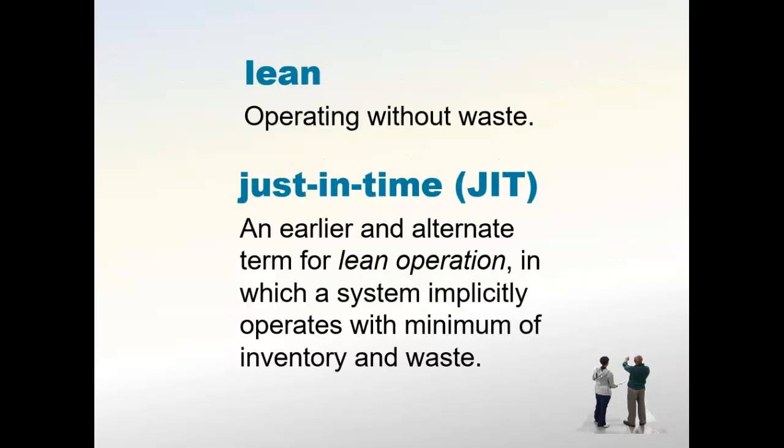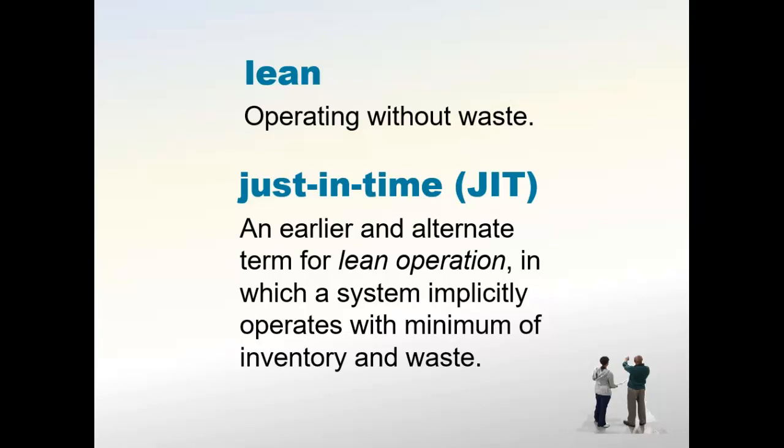An operation is said to be lean if it is operating with minimal waste of any kind. At first, it might seem ironic that an organization would strive for anything else, but the mechanical principles and underlying philosophy of lean operations are relatively young, beginning with Toyota Motor Company's innovative transformation of production control and inventory management starting in the 1950s.